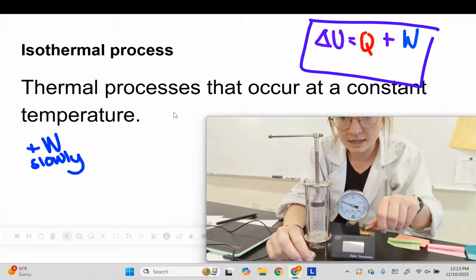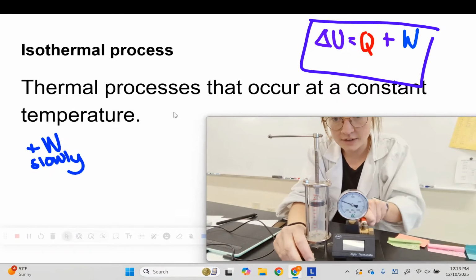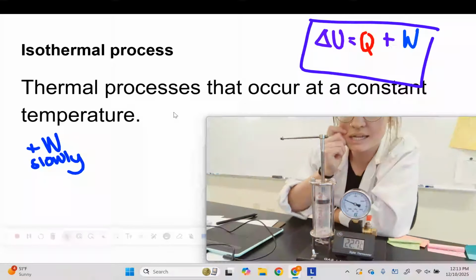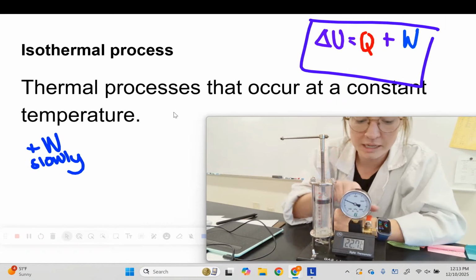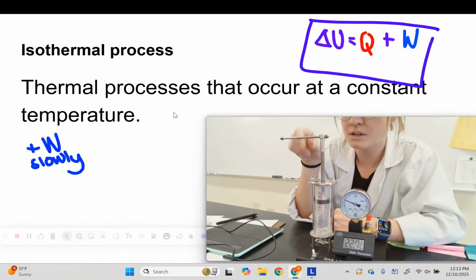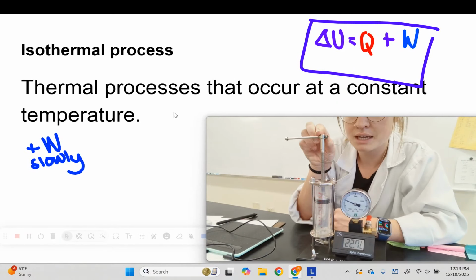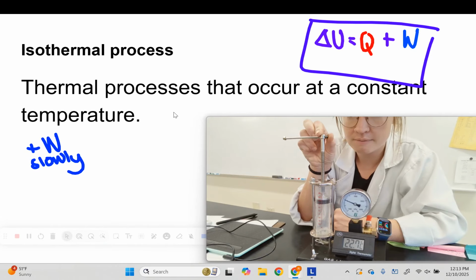Okay, so let's go ahead and close this off here. Turn on the thermometer. Can you see the thermometer? There. Okay, you can see that we're at 22.7. It's gotten warmer in here. We're at 22.7 degrees Celsius. And what I'm going to do now is turn this slowly. Here we go.